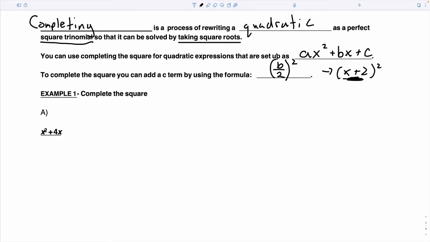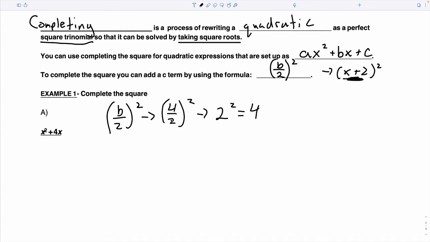I'm going to start out by using this formula, (b over 2) squared. Write that again above it. My b value is 4, so let's plug it in. 4 over 2 squared becomes 2 squared, which is just 4. 4 divided by 2 is 2. 2 squared is 4.